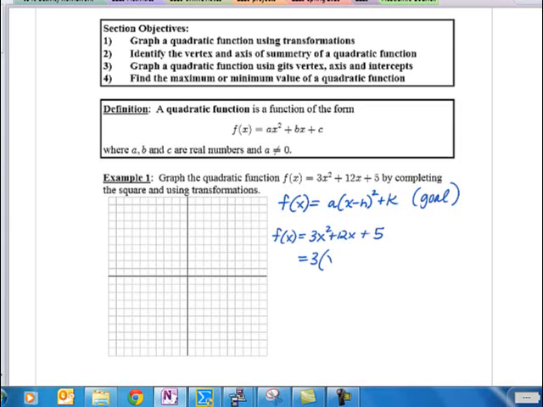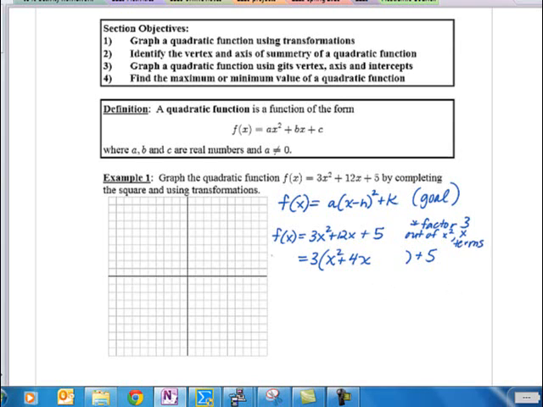But we're going to leave the 5 off by itself. So what we did is factor the 3 out of the first two terms, the x squared and the x terms, but leave the 5 out there on its own.